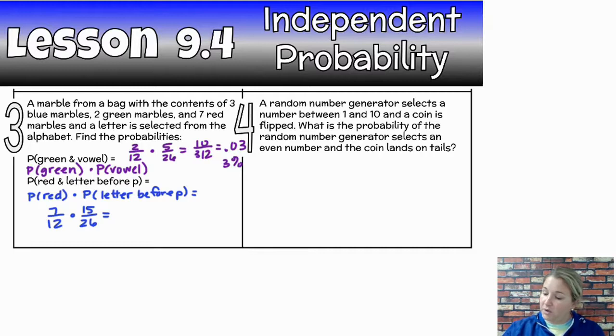Then I will multiply through and I get 105 divided by 312, and that is 0.34 or 34%.